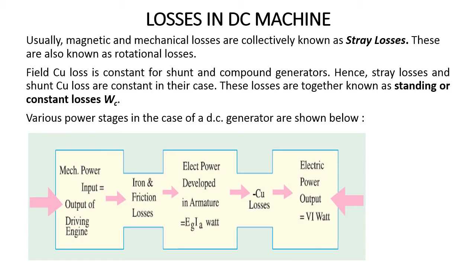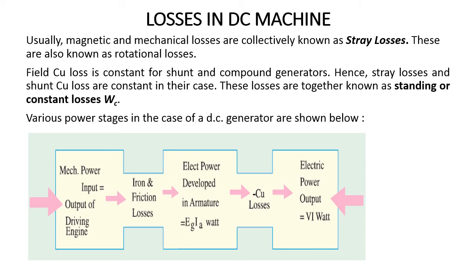These losses are together known as standing or constant losses, Wc. In shunt and compound generators, the shunt field winding is always connected across the armature, so the field current is constant. If the field current is constant, automatically the field copper loss is also constant.